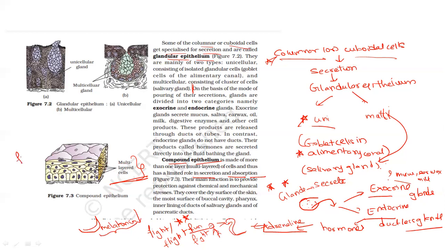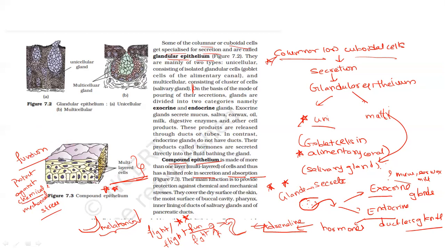Its main function is to protect against chemical and mechanical stresses. Suppose you eat something harmful that might destroy your stomach. Compound epithelium helps protect you against the chemical and mechanical stress.